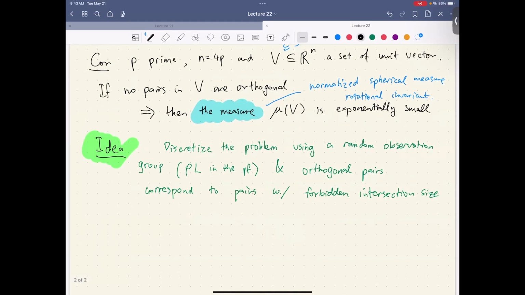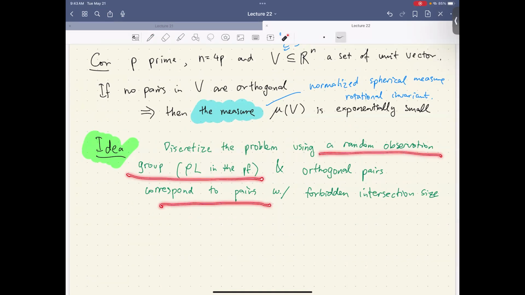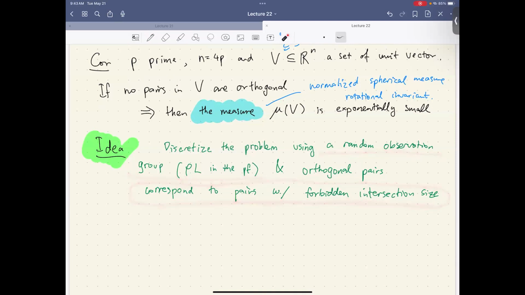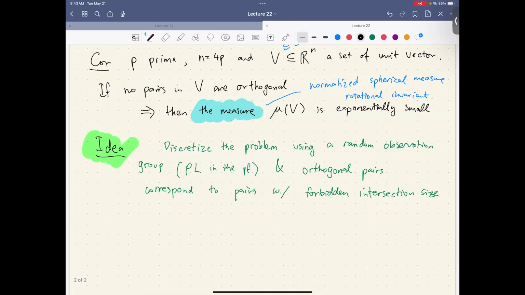So how are we going to choose this clever observation group of vectors, such that pairs of vectors correspond to forbidden intersection size? Here's the smart choice.